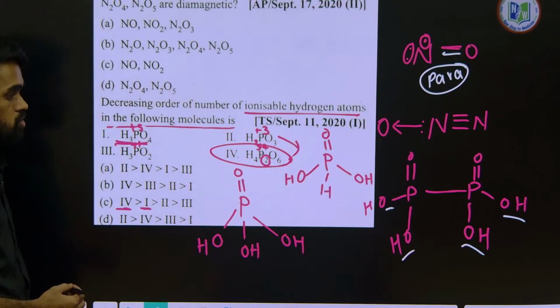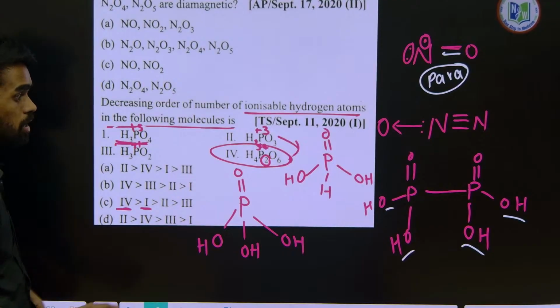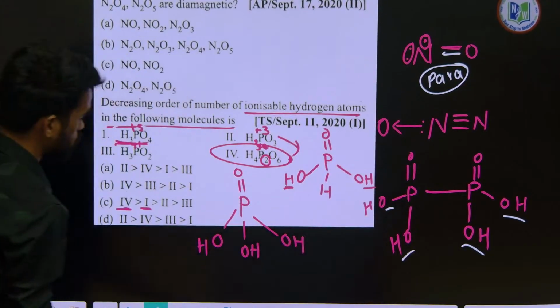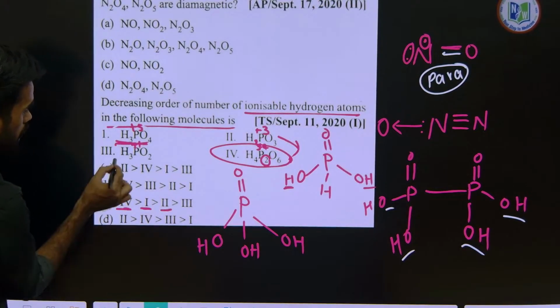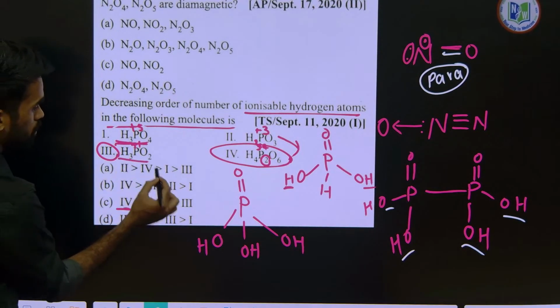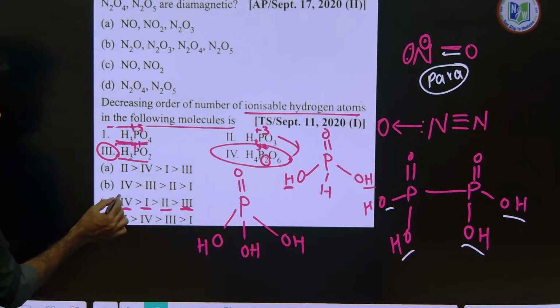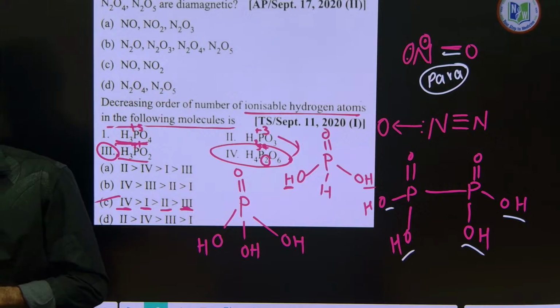Hydrogens attached to oxygens are ionizable, so 2 here, and the least number of hydrogens will be only 1 for H3PO2. So option C will be your perfect answer.